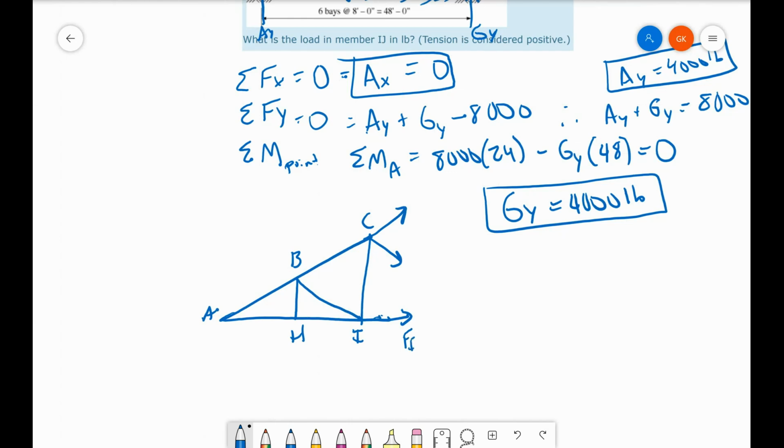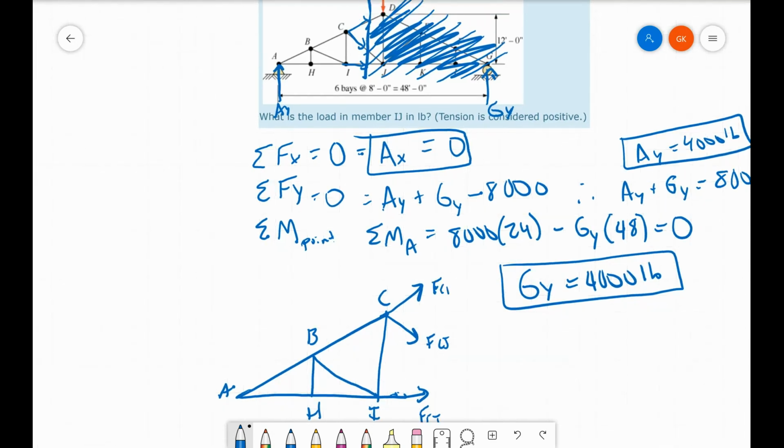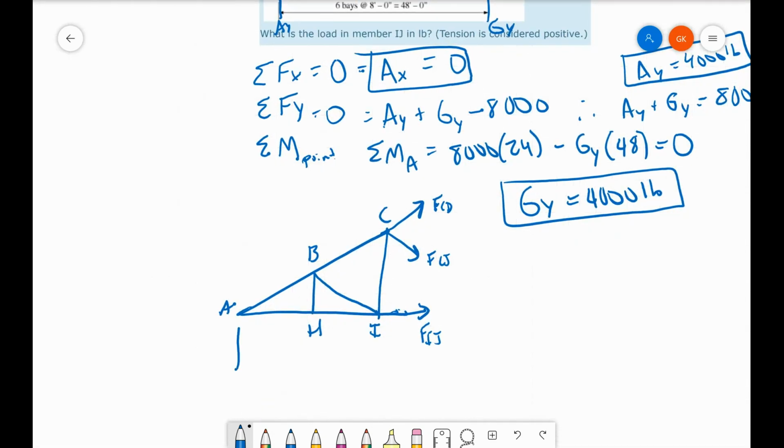I'll call this force ij. This one right here, force cj. And this one right here, force cd. I also have my reaction force I solved for earlier, 4,000 pounds.